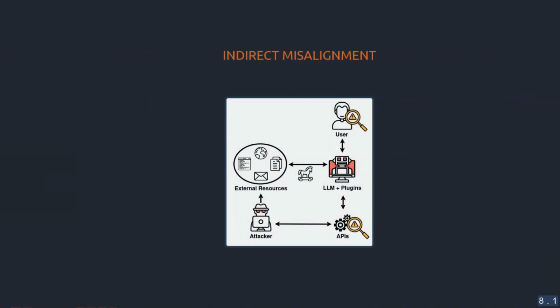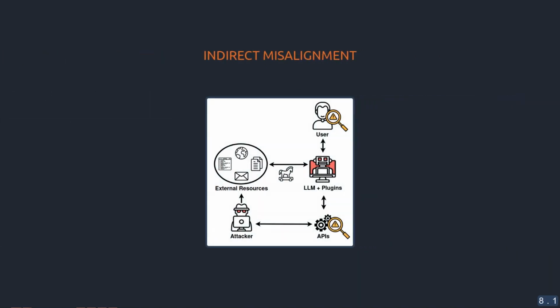Now that's where the indirect misalignment comes in, the stuff that we've been working on. It's where the model is initially aligned with both the user and the developer, at least roughly aligned. But then an external party is changing the agenda of the LLM, and the LLM transforms into a man in the middle that's sitting between the user and the application they're using, able to manipulate all of the information that is presented to the user, and that the user is putting into the application, right?